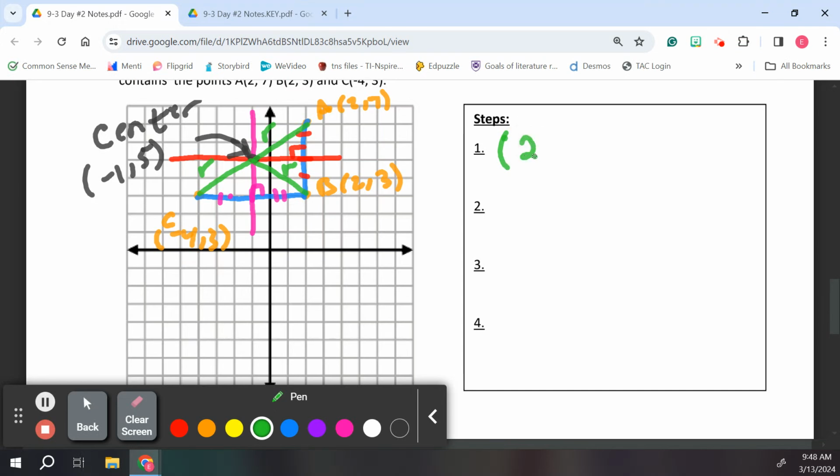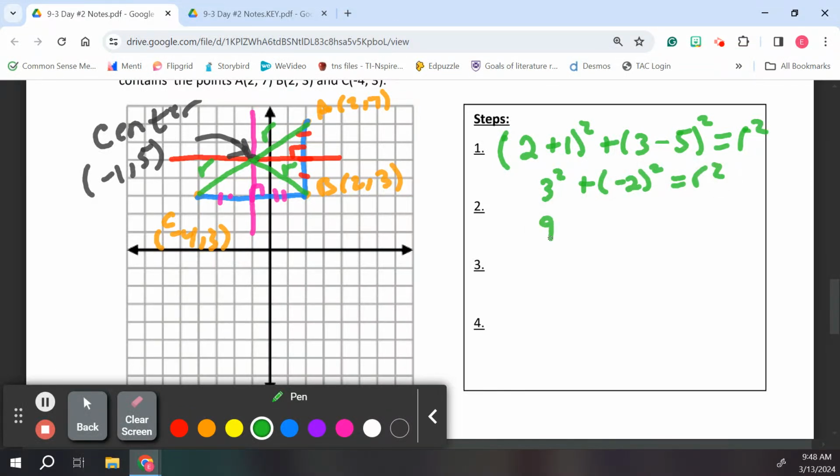So this will be 2 plus 1 squared plus 3 minus 5 squared equals r squared. So this will be 3 squared plus negative 2 squared equals r squared.